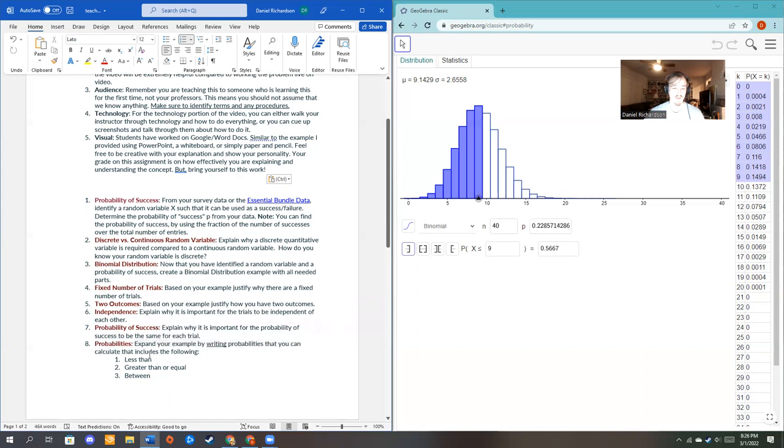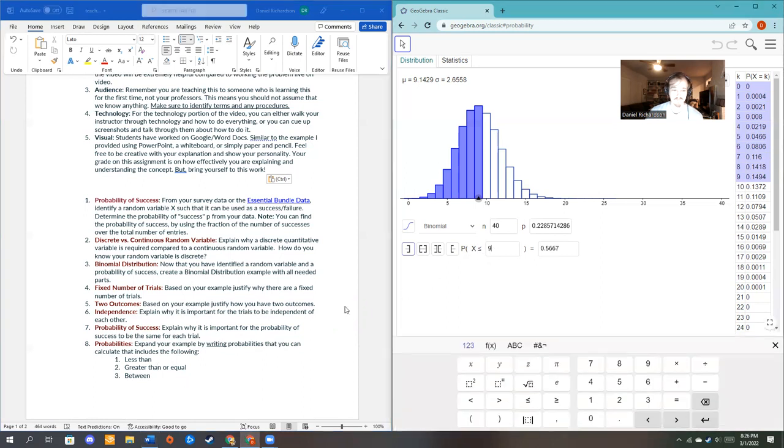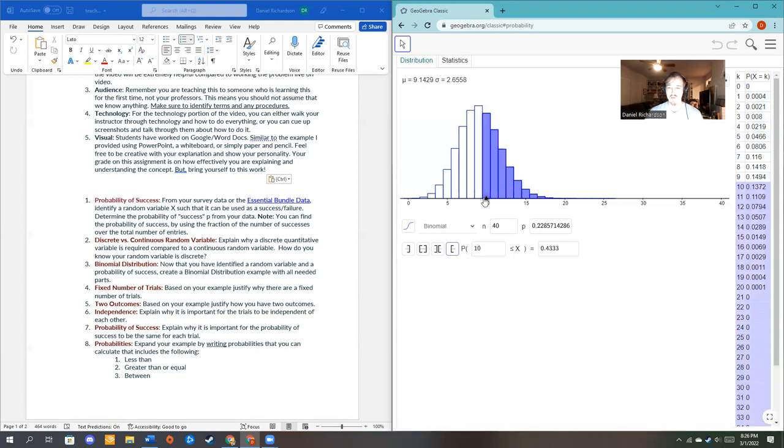Expand your example by writing probabilities that you can calculate, then include the following greater than. So we are able to see that X is less than or equal to this. If we shift this around, you can choose different metrics by which to measure less than or greater than.